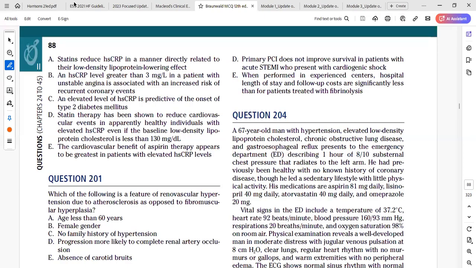And there is less likelihood of developing complications such as reocclusion, reinfarction, and stroke with primary PCI. There are also some studies that demonstrated that primary PCI, when you perform it at an experienced center, results in a significant reduction in the rates of death. There's also a reduction in the rate of reinfarction and stroke, and also hemorrhagic stroke, compared with fibrinolysis. Also notable, primary angioplasty has been associated with shorter hospital stays and lower follow-up costs.